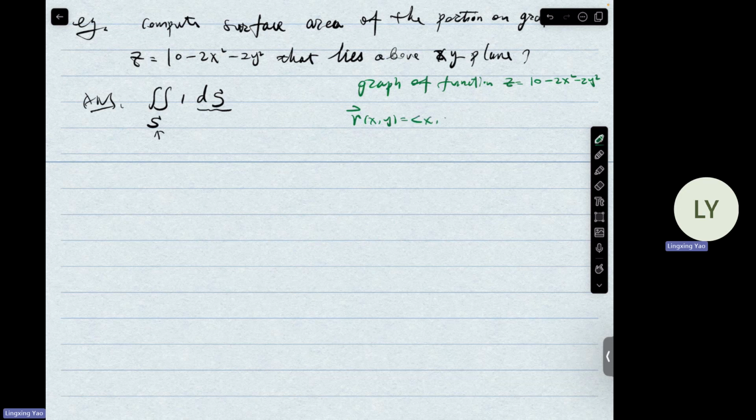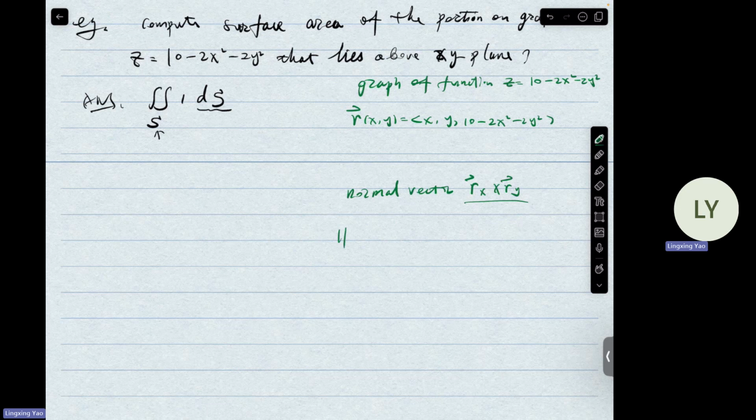The parameterization written in vector form should be this. And the normal vector should be r sub x cross r sub y. But because we just need the surface area, we do not really need to compute that.